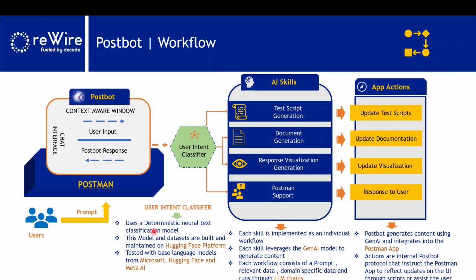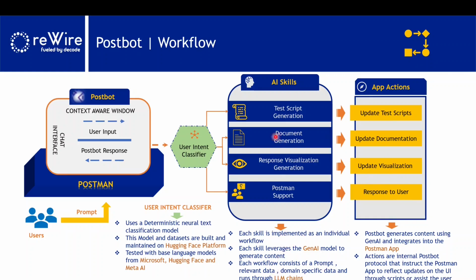It's not about one particular model; there are relevant internal models that have to be trained and tested, and only then published, ensuring that it is rightly generating the context we have built for this assistant. So here is the classifier that takes the input, maps it to the relevant skills, and then generates and triggers the required actions.